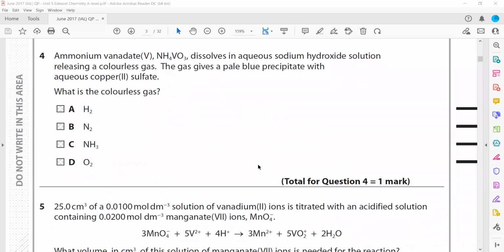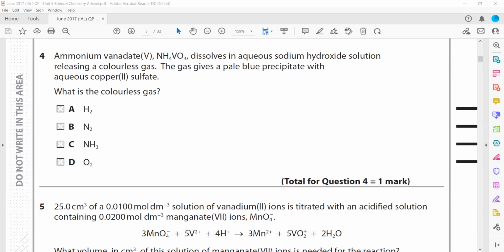Ammonium vanadate(V) dissolves in aqueous sodium hydroxide, releasing a colorless gas. The gas gives a pale blue precipitate with aqueous copper sulfate. What is the colorless gas? So basically, as it is giving a blue precipitate, what could be the colorless gas? You have to identify, because to be a ligand, it should have a lone pair.